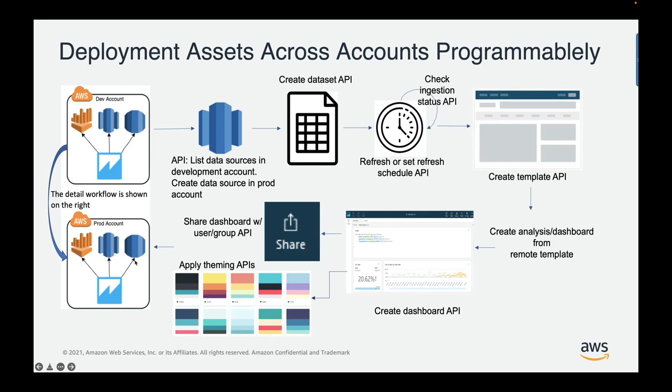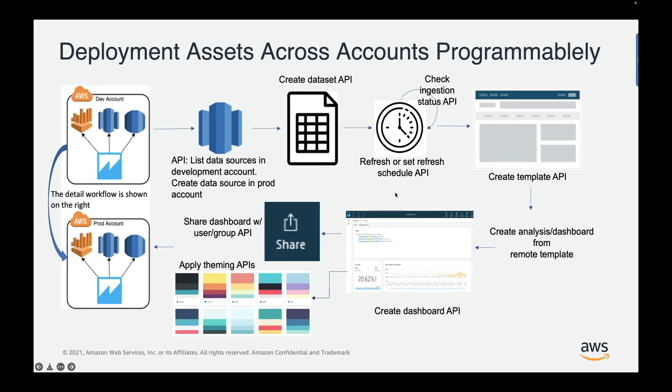And then you can call the API to create the data source in your production account. Similarly, you can do the same thing for the data set. You can list the data set, describe it, modify it automatically using a programming language, and then you can create it.